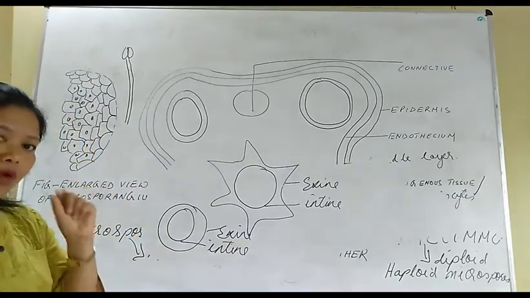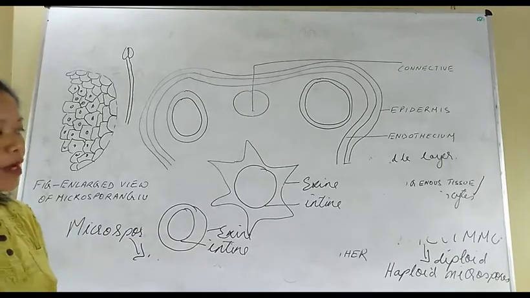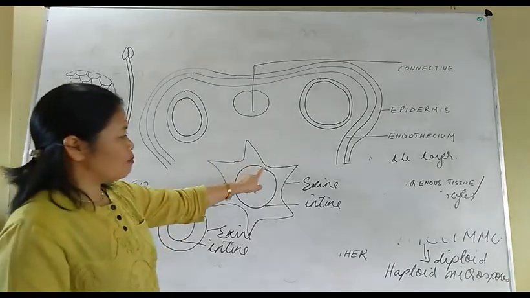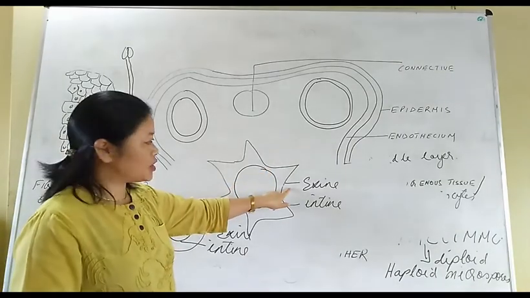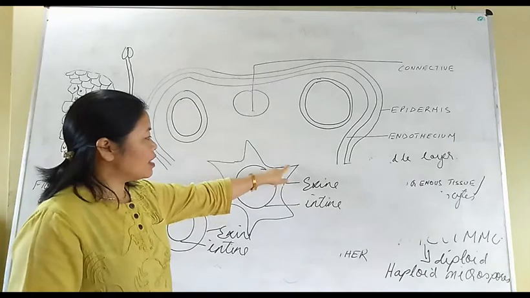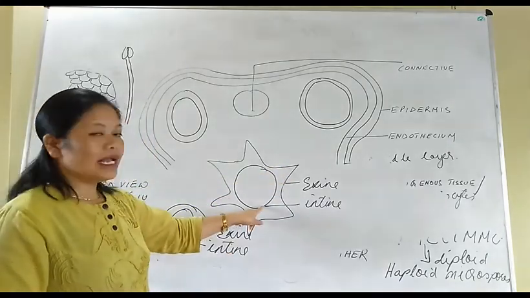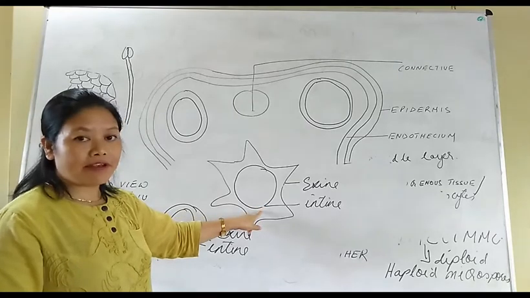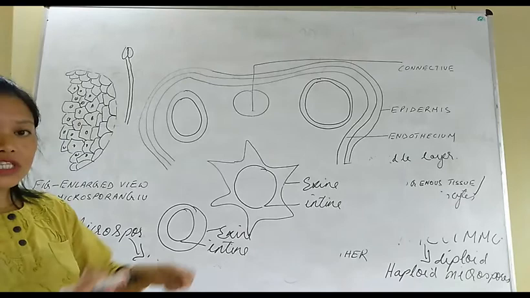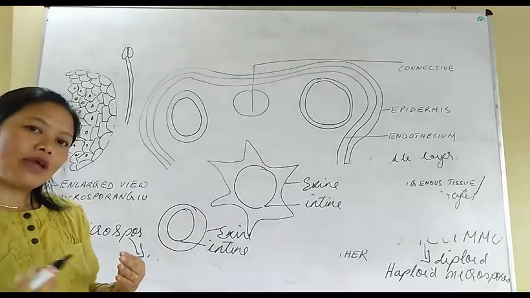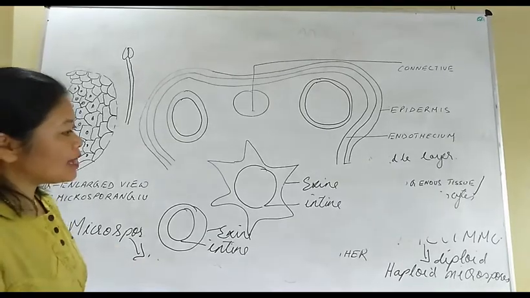If you observe its pollen grains under the microscope, you will find the exine, the outer thick layer, has a spiky structure, and the inner wall, the intine, is plain. This is the structure of the microspore or pollen grain, which is released from the anther as the anther matures.